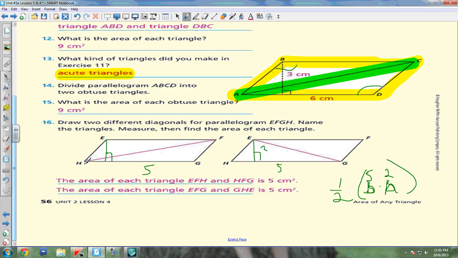So they're saying from here to here was 5 centimeters. And then the height, if we put that in, was 2, because remember the formula is 1/2 base times height. And they said that the total area was 5 centimeters, so the base had to be 5, the height had to be 2, which would give you the 10, and then half of that would give you the 5. If that makes sense.